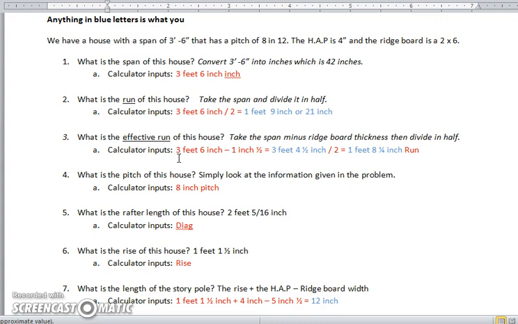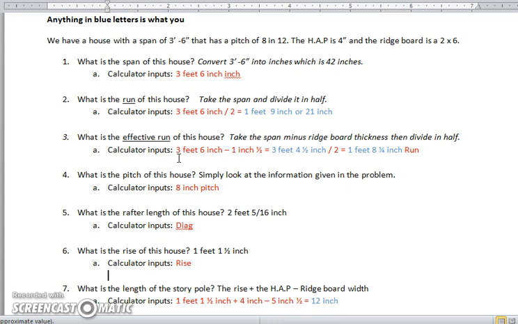You are then going to press divide 2 equals. That should give you 1 foot 8 1/4 inches, and then you will press the run button. By pressing the run button, you're telling the calculator that you want 1 foot 8 1/4 inches to be your run.